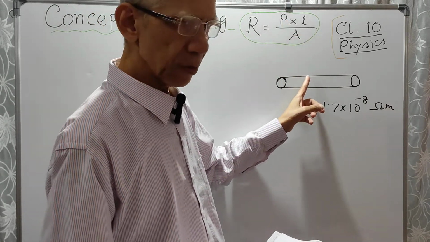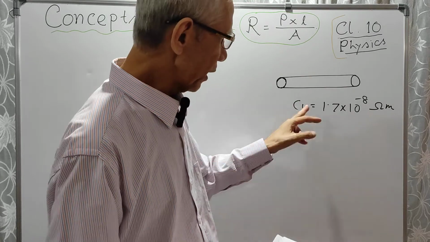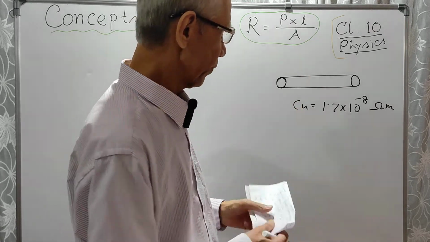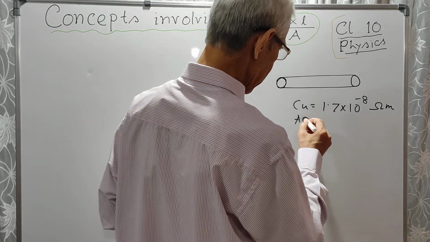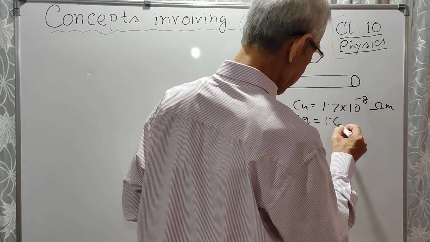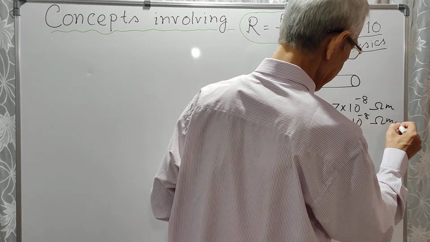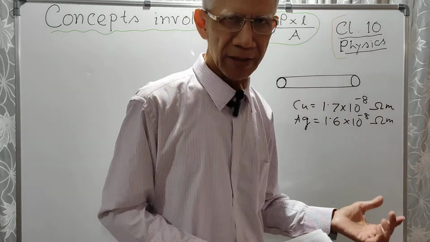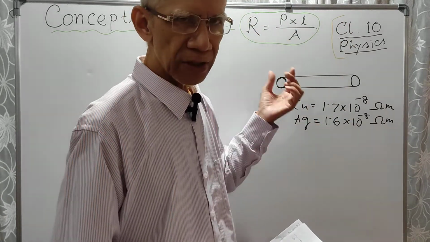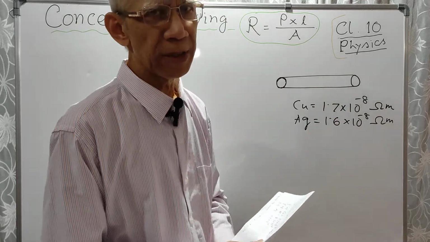Then silver has the value 1.6 into 10 to the power minus 8 ohm meter. That way, different materials have different resistivity. This is an inherent property of the material.